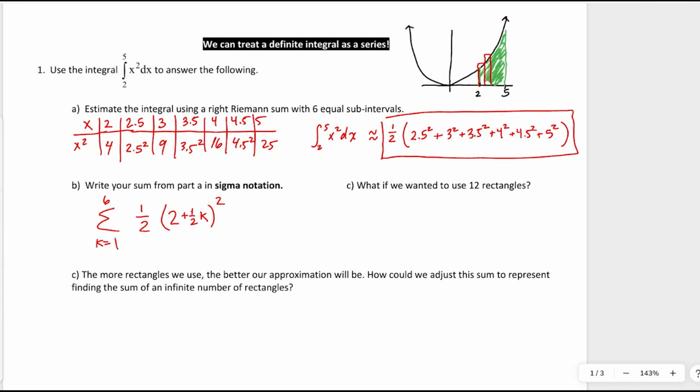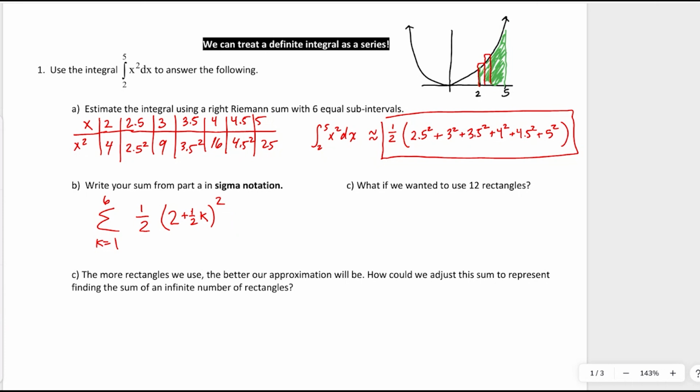So let's just go to C here. What if we wanted to use 12 subintervals instead of 6? How would this expression change? So this would be 1/4, right? You said that you came up with that pretty quickly. Where did the 1/4 come from? It's 1/4 of the amount of just 1 intervals.